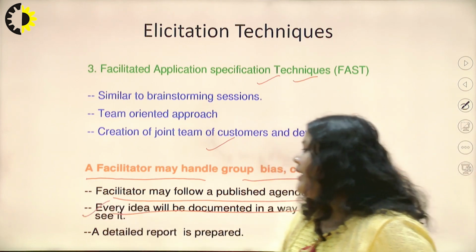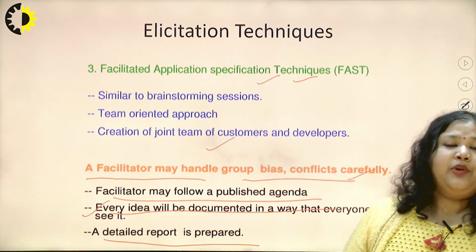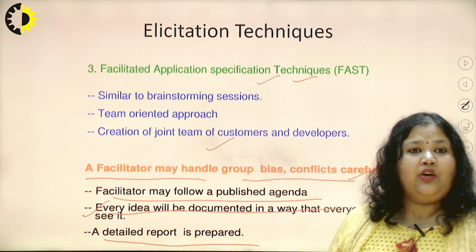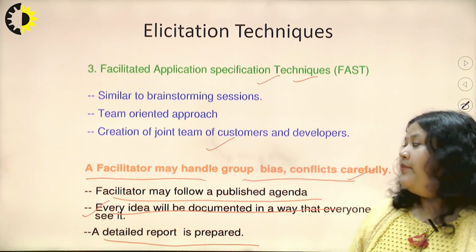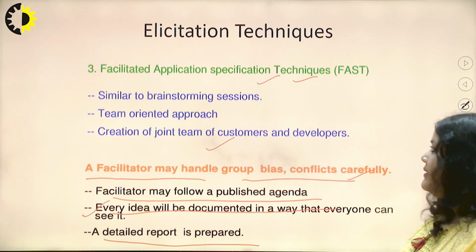This is the second thing. The third is that a detailed report is prepared. A detailed report means each and every person's idea is prepared in the documentation form defined by the facilitator. So this is the basic fundamental step of the FAST technique.